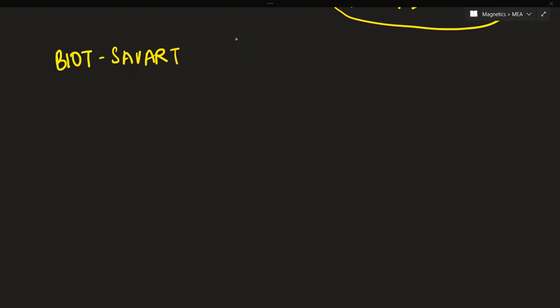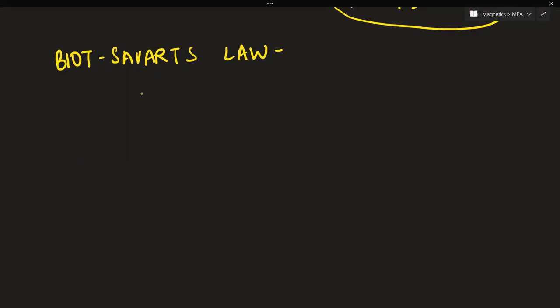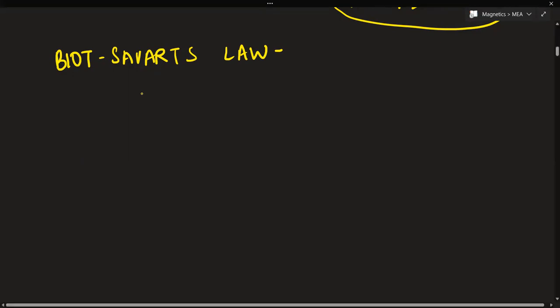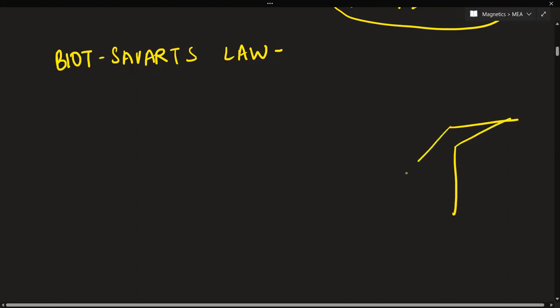Before beginning with Biot-Savart law, let me discuss that experiment which Zed was mentioning. See, a magnetic needle was pivoted over a stand. Let me draw a brief diagram for it. In this way, a stand was there, a needle was there. One end was shaded, which we called the North Pole.